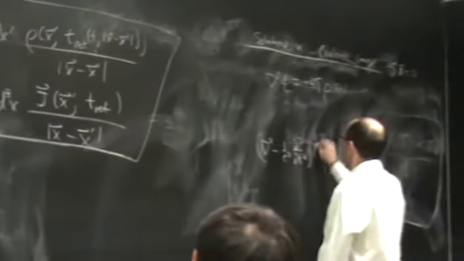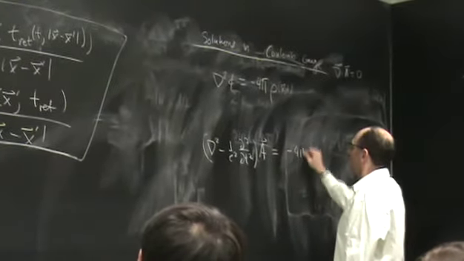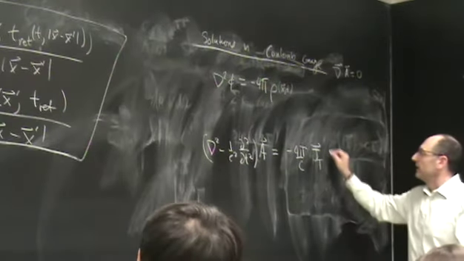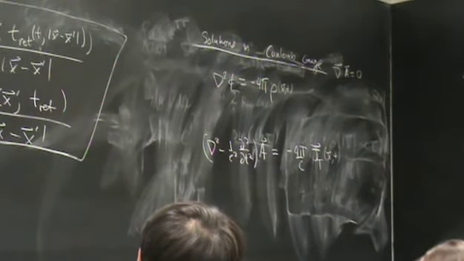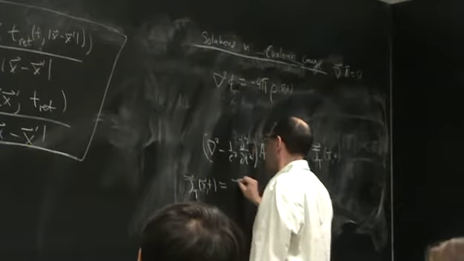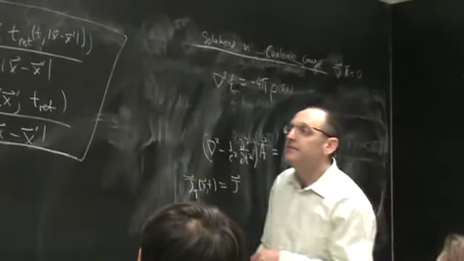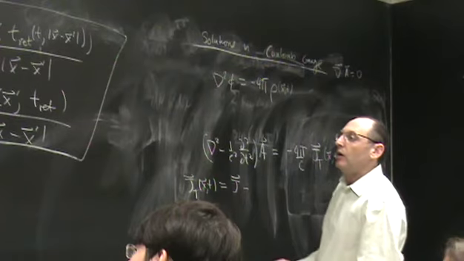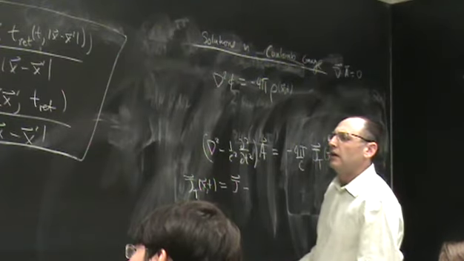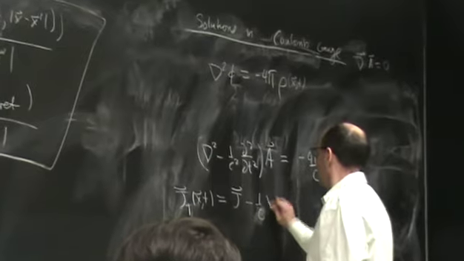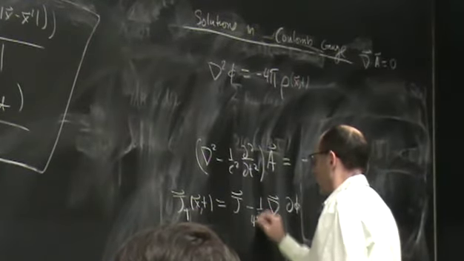del squared minus 1 over c squared d by dt squared of A is equal to minus 4 pi over c, something I'm going to call j_T, where j_T is equal to j, and if del dot A is 0, then it's minus 1 over 4 pi c gradient of d phi dt.